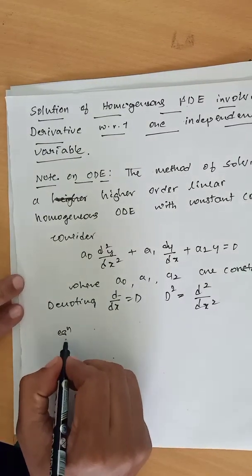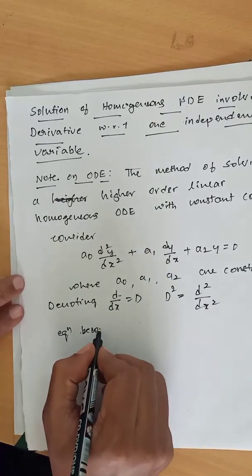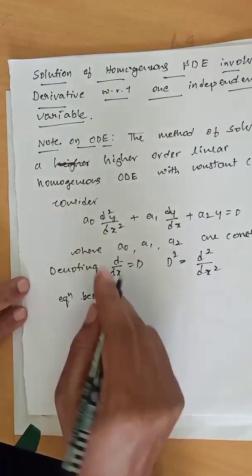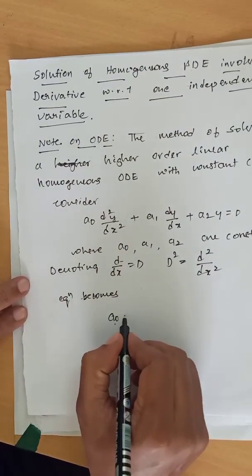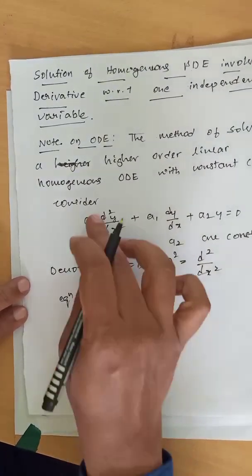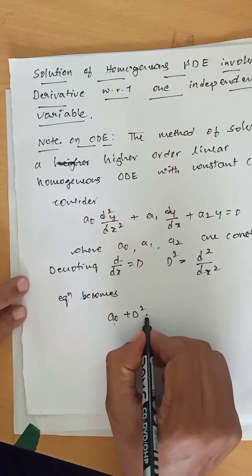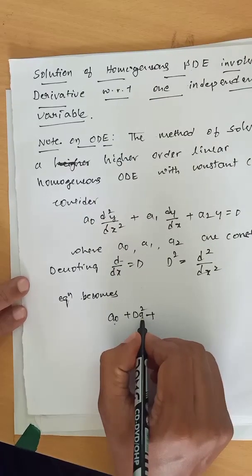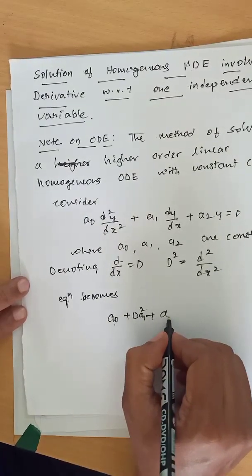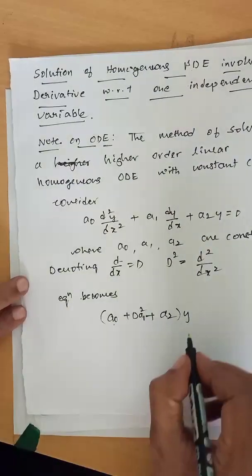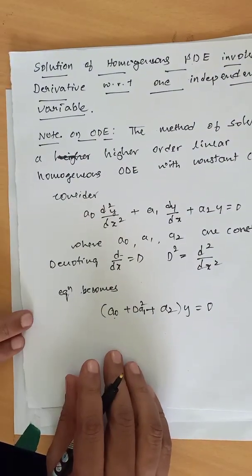The equation becomes (a0 D square plus a1 D plus a2) of the dependent variable y is equal to 0.